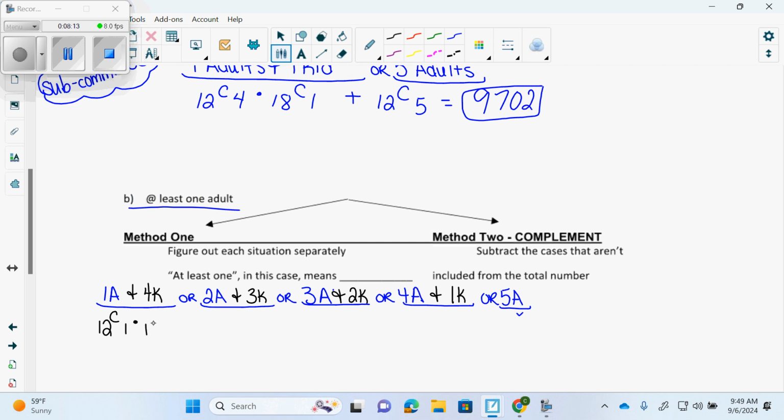Times 18C4, or means I add, I always add my cases, 12C2 times 18C3 plus 12C3 times 18C2 plus 12C4 times 18C1 plus 12C5. That was 133,938.